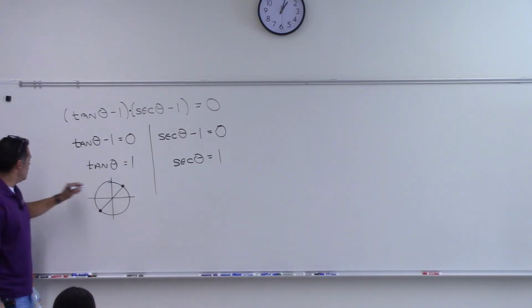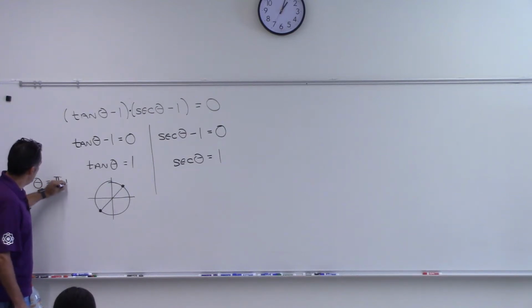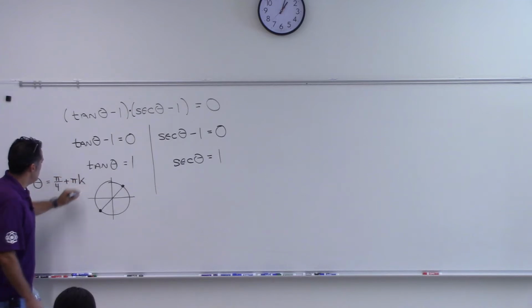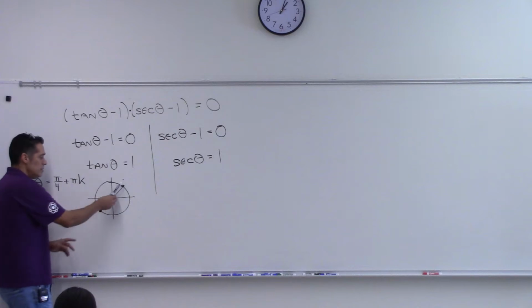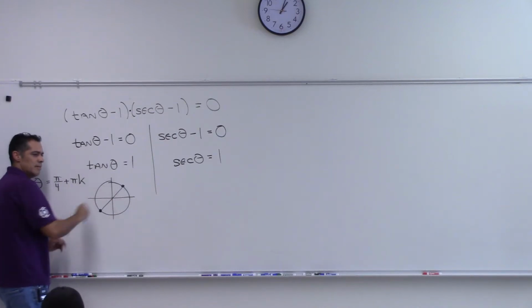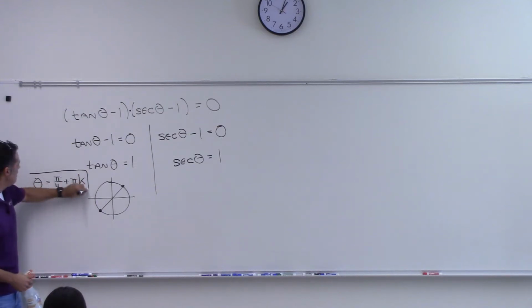So the general answer is theta equals pi over 4 plus pi k. Because these are directly across from each other, this covers all possible answers: start at pi over 4 and add half rotations.